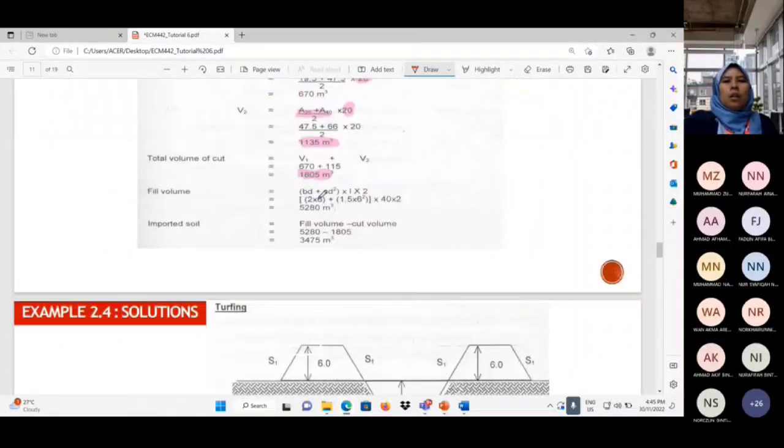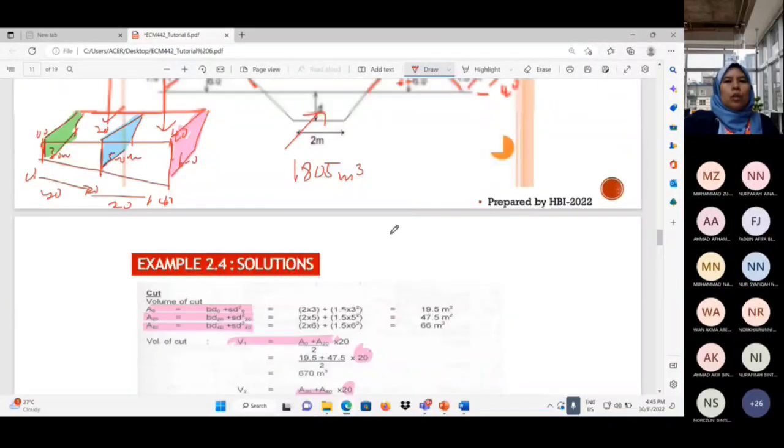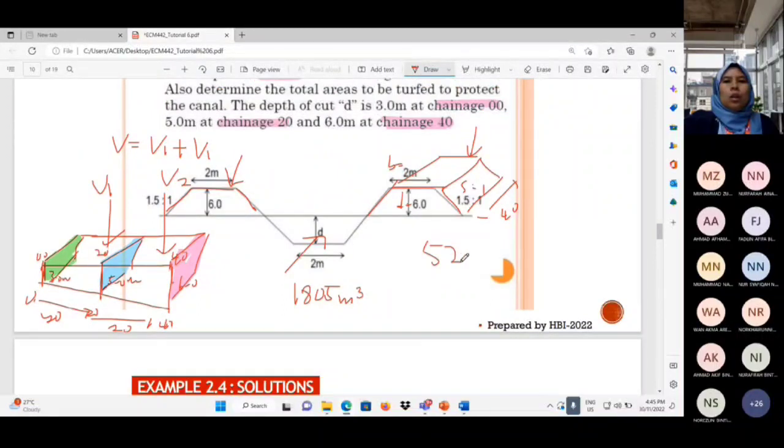So sekarang you kira pula berapa tanah yang you perlukan untuk prepare this embankment. So you calculate according to the formula P D S D square darab dengan length darab dengan 2. So you kena faham 2 ni adalah 2 units of embankment kiri dan kanan tadi. Okay. So you akan dapat 5280 cubic meter.